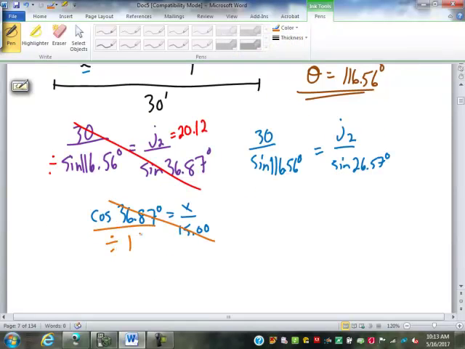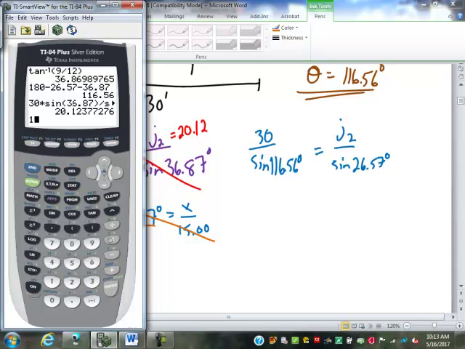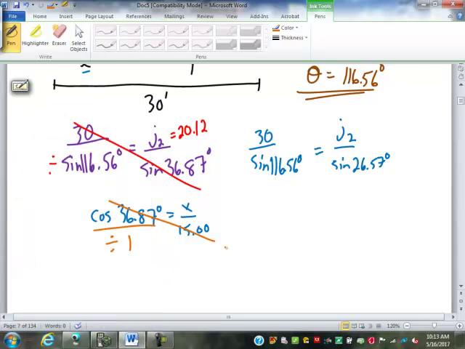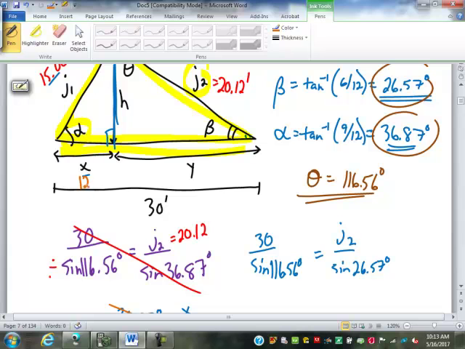We cross multiply and divide. 15 times the cosine of 36.87 degrees divided by 1. 11.99999, so 12 feet. So y better be 18 feet. You can double check it doing the same thing over there. Cosine of 26.57 better equal y over 20.12. What do you think? I like it. Giant fan of it.